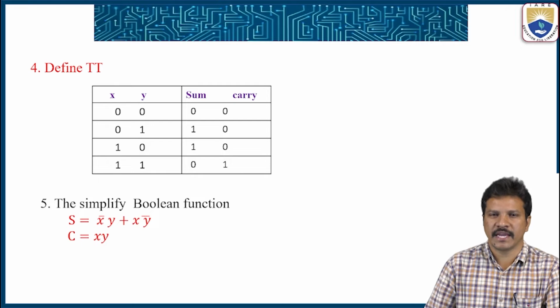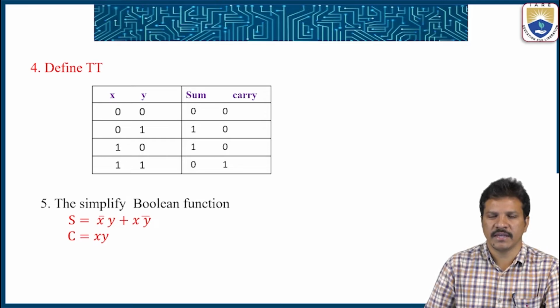A truth table basically has 2 sets of columns, input and output columns. The input columns depend on the number of inputs. If there are two variables in the problem, there are 4 possibilities in the input columns. If it is n input variables, 2 power n possibilities are represented in the input columns.